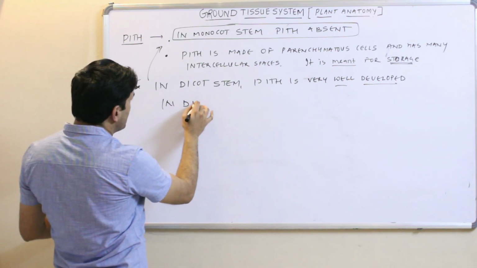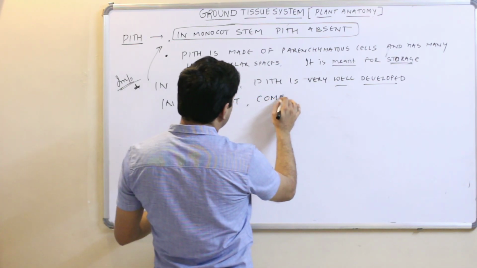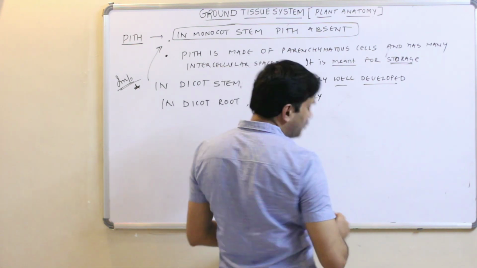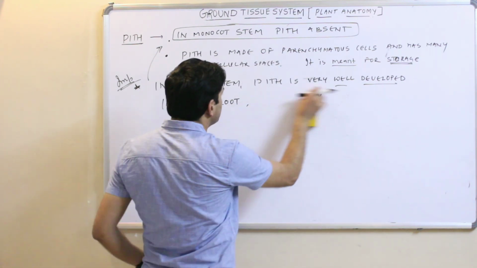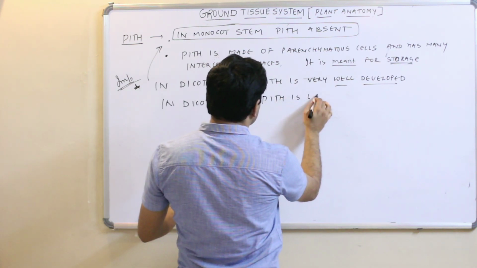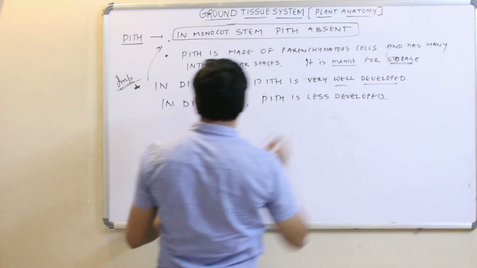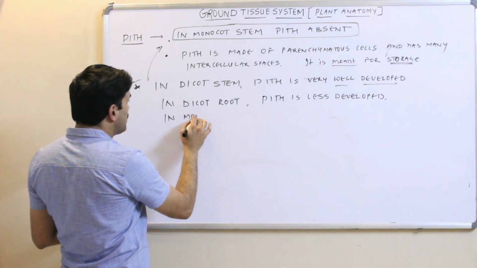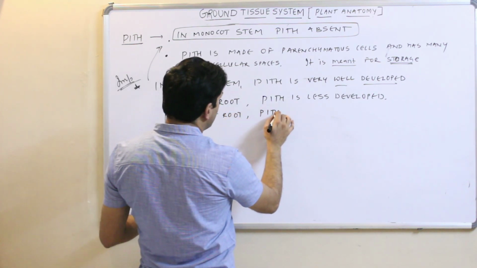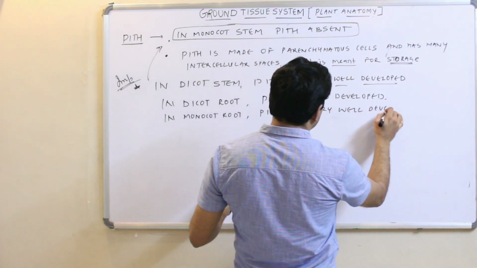Now, in dicot root, comparatively, or I can say it as that in dicot root, pith is less developed. And in monocot root, pith is very well developed.